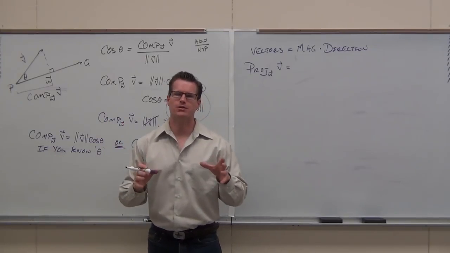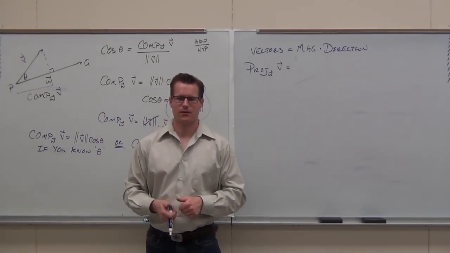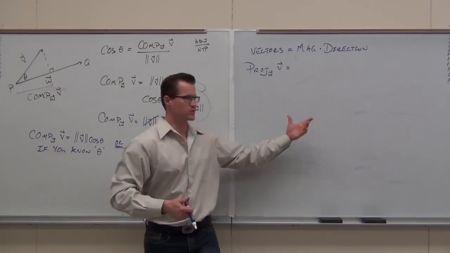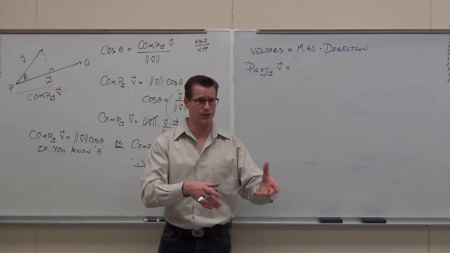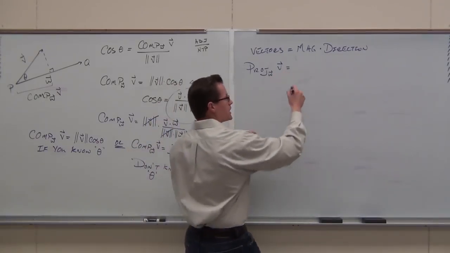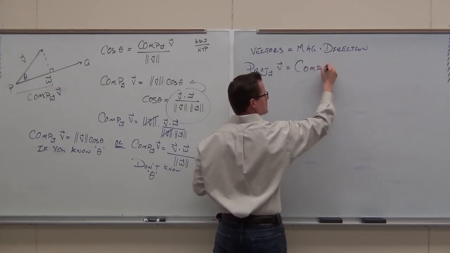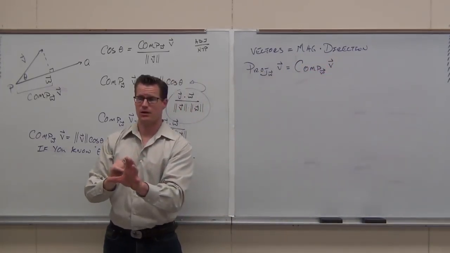What's the magnitude of vector projection? There's definitions like right up here. I just erased it. Remember talking about how component projection is the magnitude of the vector projection. If the vector projection is a magnitude times a direction, that is the magnitude. Now here's the question.